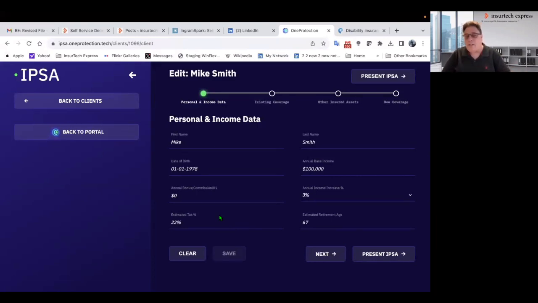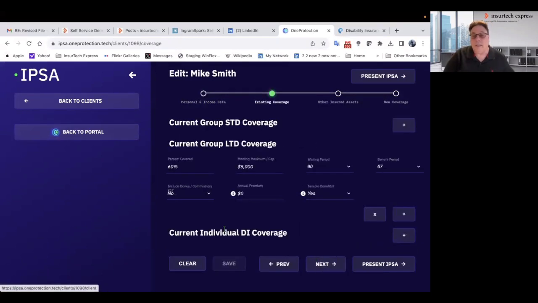I'm going to go through some of this quickly and focus on the highlights of the software. But basically, he's a 45-year-old. He's got an income of $100,000. His income increases 3% a year. His combined tax rate, tax and IRS, is 22%. And his retirement age is 67.